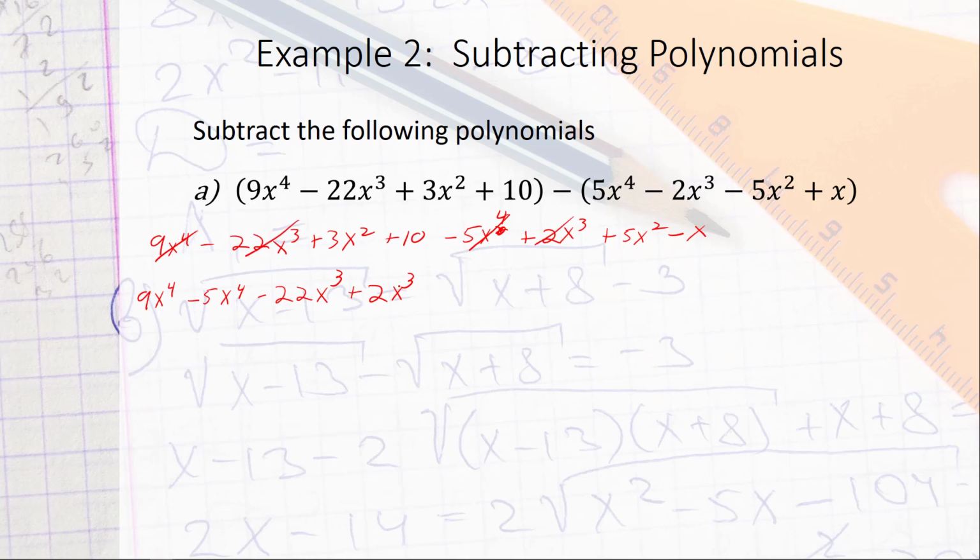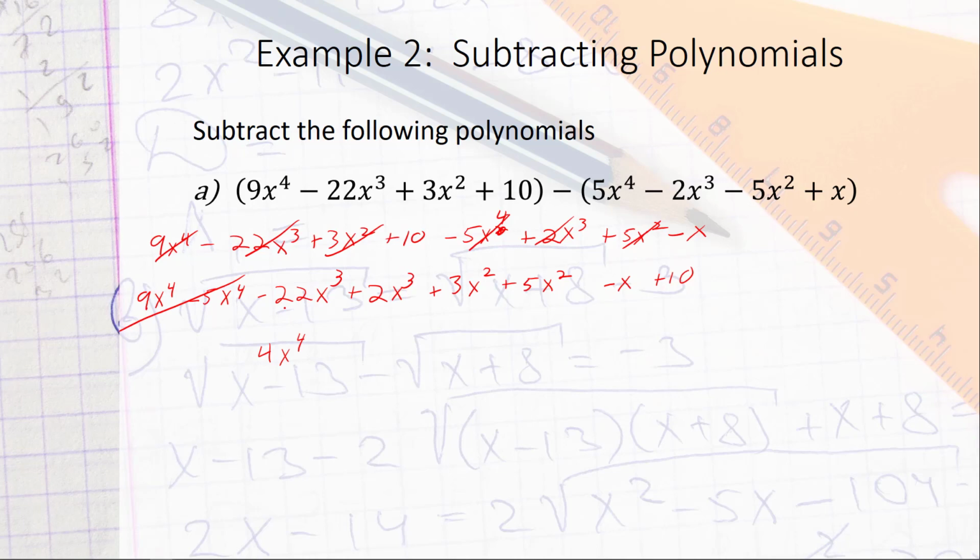We have 3x squared plus 5x squared. And we've gotten those taken care of. We have a negative x all by itself. And then we have a positive 10. And now we can combine like terms. Here we have a 9x to the 4th minus 5x to the 4th. That's just 4x to the 4th. So that takes care of that.